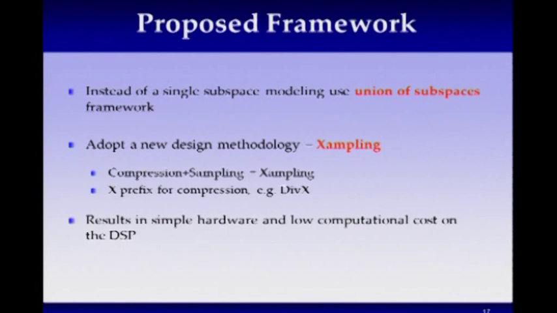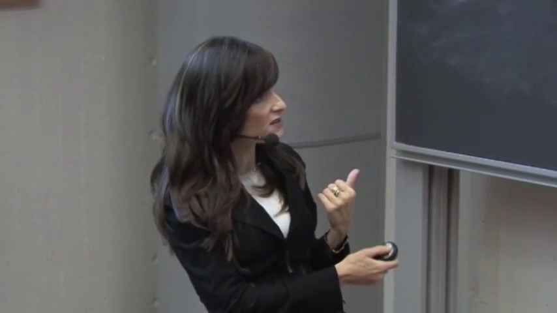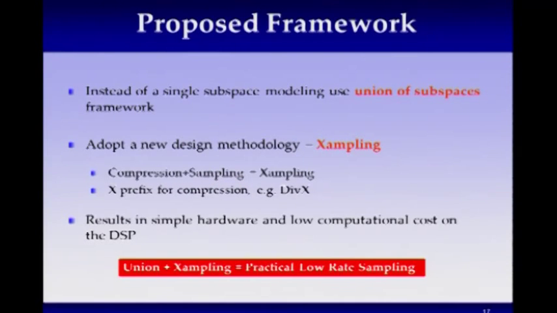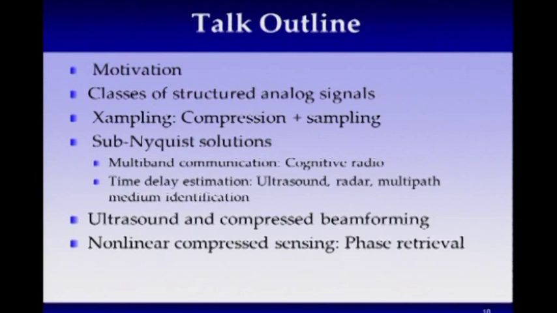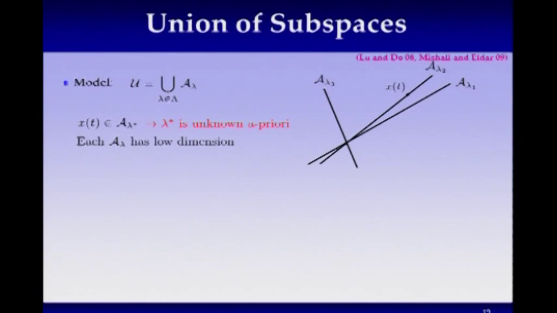So that will give us the mathematical framework, but then we need design principles as well, because like I said, we're not only interested in improving mathematical results, we're interested in building real hardware that will actually work and sample at low rates. So to do that, we're going to introduce this sampling methodology, and it's this combination of the sampling approach with the mathematical model that will give us these low-rate sampling techniques. Okay, so let's move ahead now and look at the types of structures that we're going to look at.